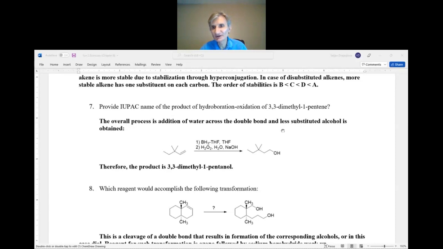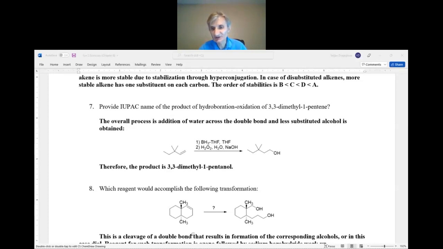So the mechanism of addition of borane is that boron adds to the less substituted carbon of the double bond, and hydrogen adds to the more substituted. The reason for this is in the energy of the transition state, and that's again explained in the videos and textbook PDF.